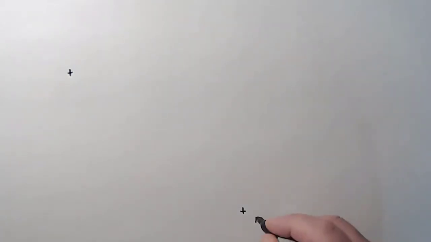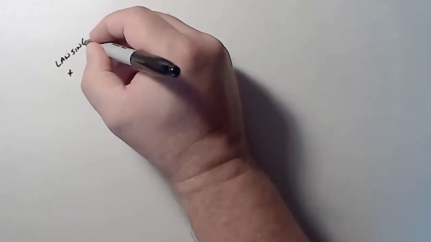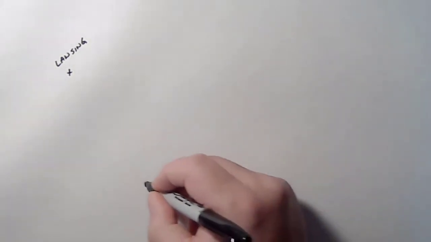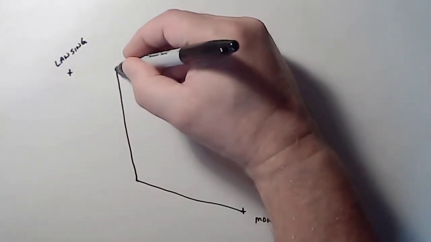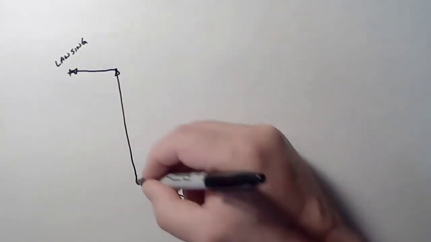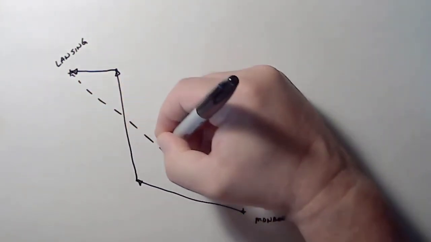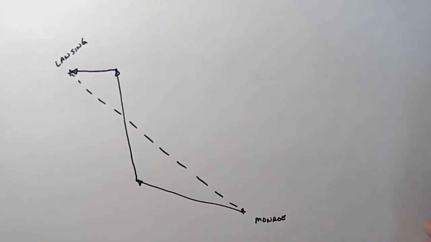Now in this problem, we have four vectors. If this is Monroe, and this is Lansing, I have three vectors, vector 1, vector 2, and vector 3. And these all add up to this vector.